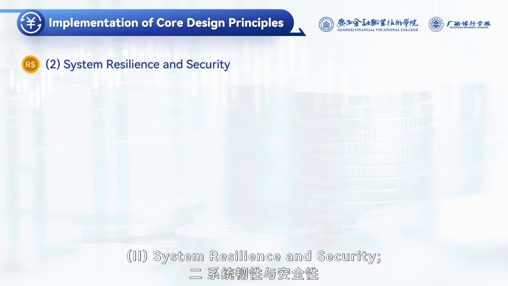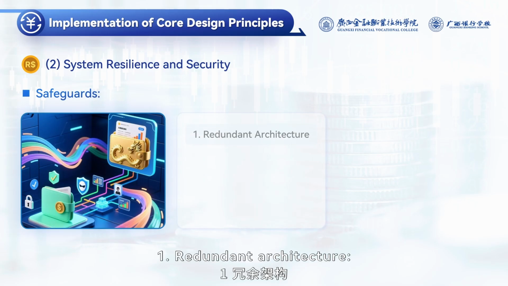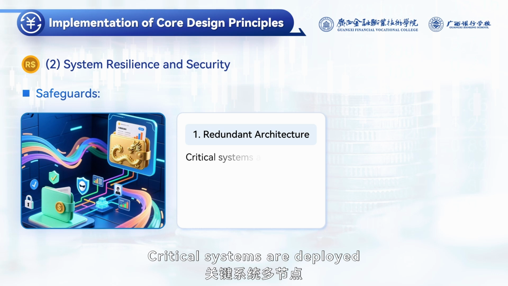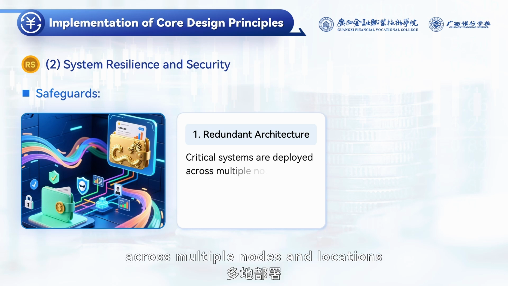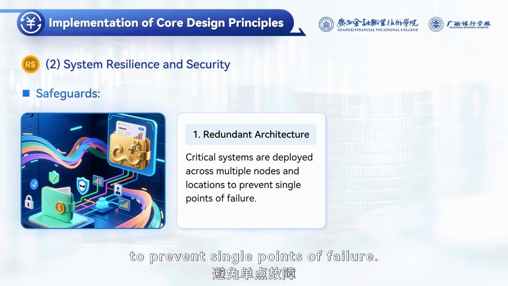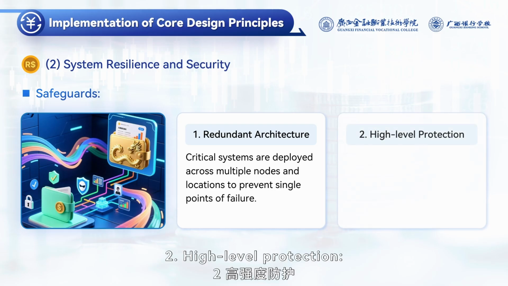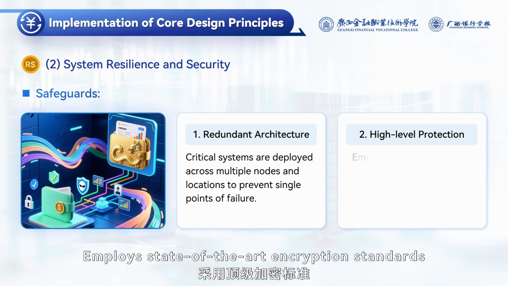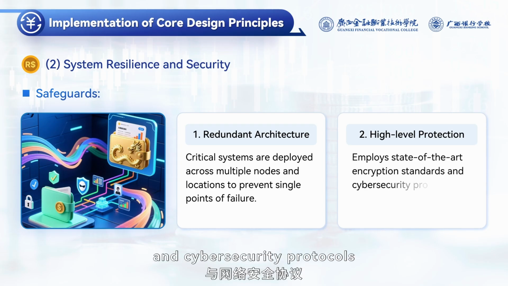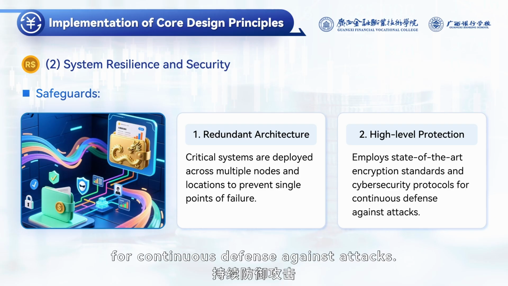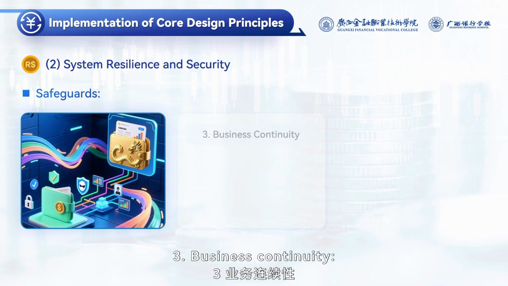2. System resilience and security. Safeguards. 1. Redundant architecture. Critical systems are deployed across multiple nodes and locations to prevent single points of failure. 2. High-level protection employs state-of-the-art encryption standards and cybersecurity protocols for continuous defense against attacks. 3.